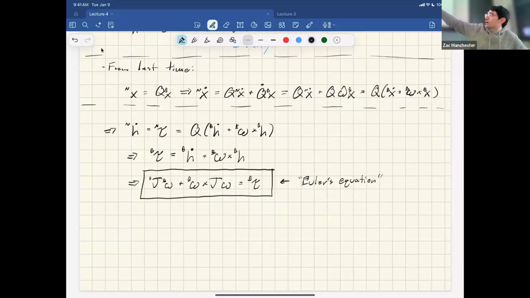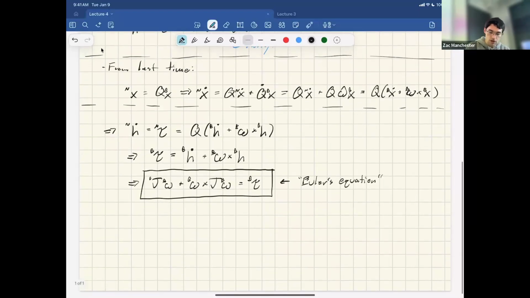Okay, so like I said, we're going to start dropping the superscripts with the frames because this is always going to be in the body frame. I'll only use superscripts when it's ambiguous or when we're doing stuff in multiple frames and going back and forth. And then one little nugget from here that's extremely common: last time we talked about inertia matrices, inertia tensors, whatever.